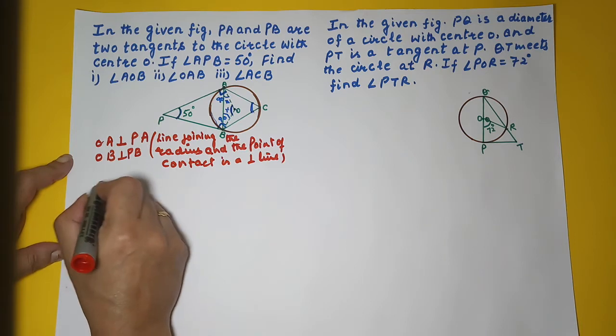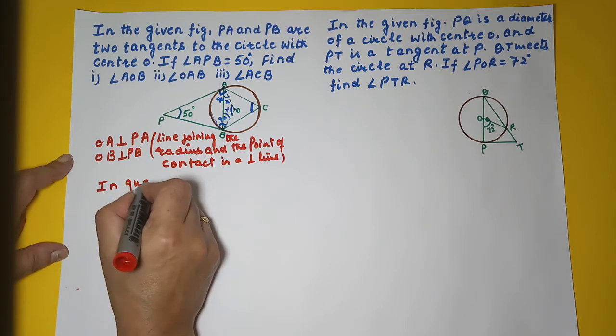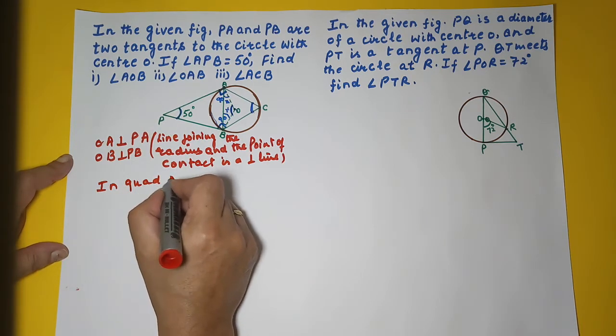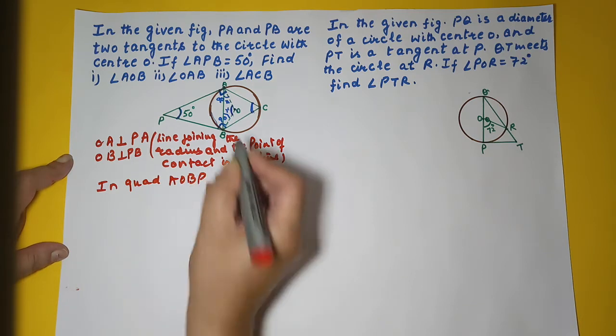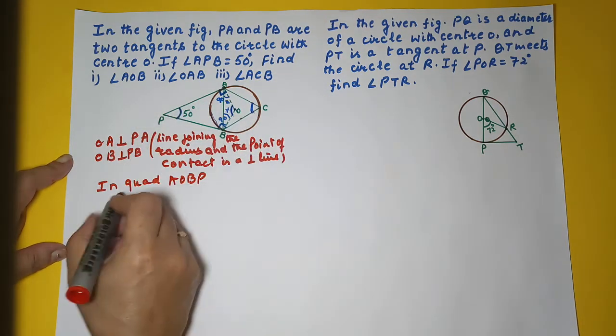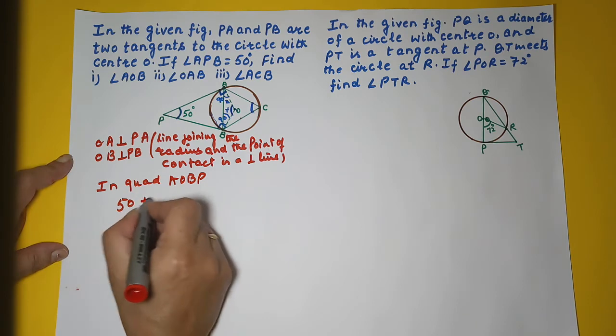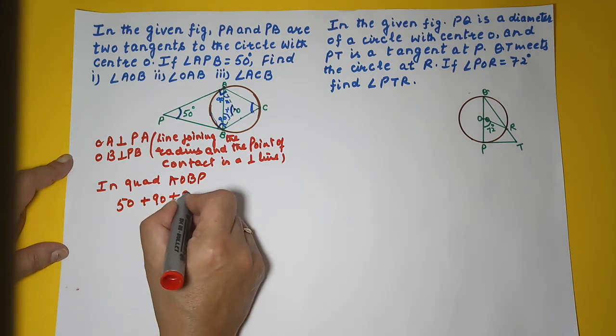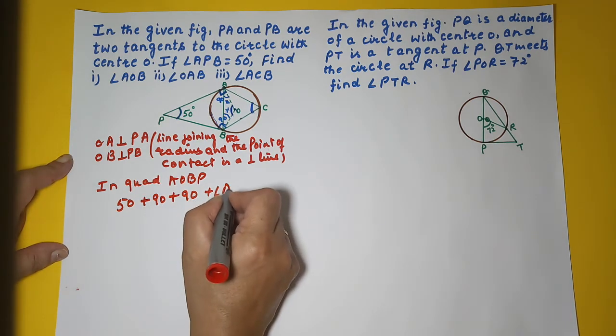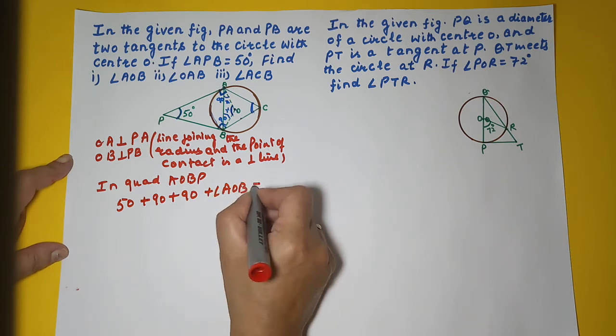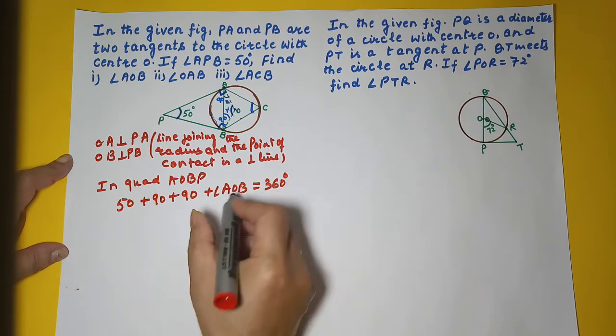Now consider in quadrilateral AOBP, 50 plus 90 plus 90 plus angle AOB will be 360. Why?